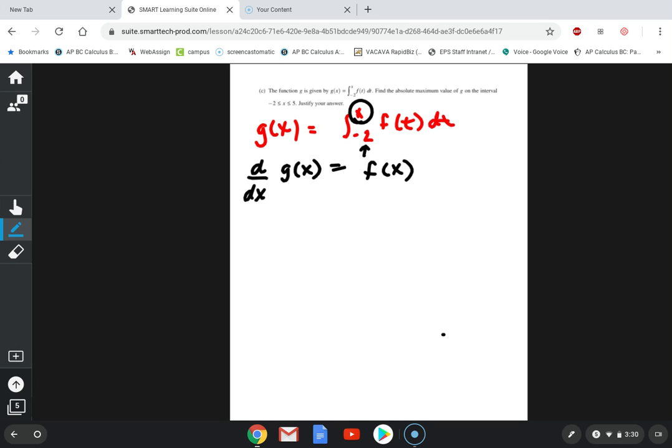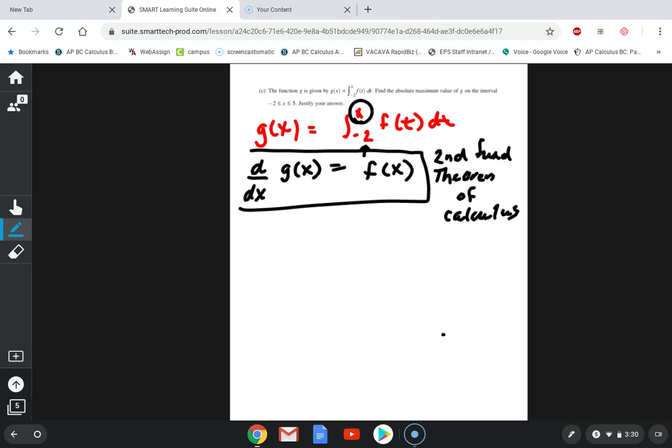So the derivative of g of x is f of x by the second fundamental theorem of calculus. So now we want to know, and it's important that you write this out, you're going to establish the relationship between g of x and f of x. So now we want to know when f of x equals 0.